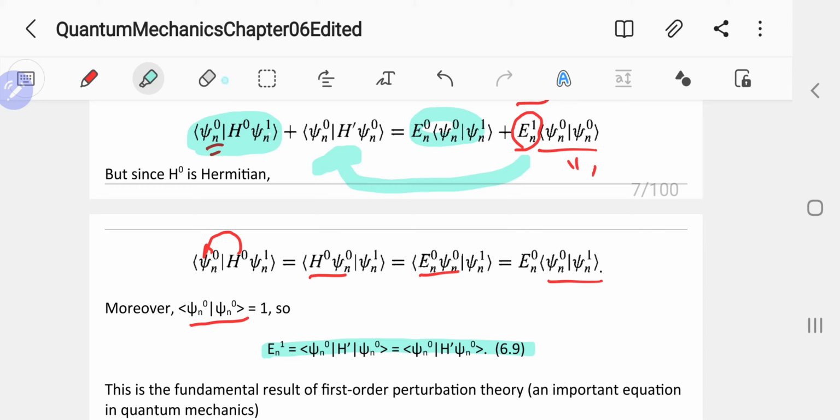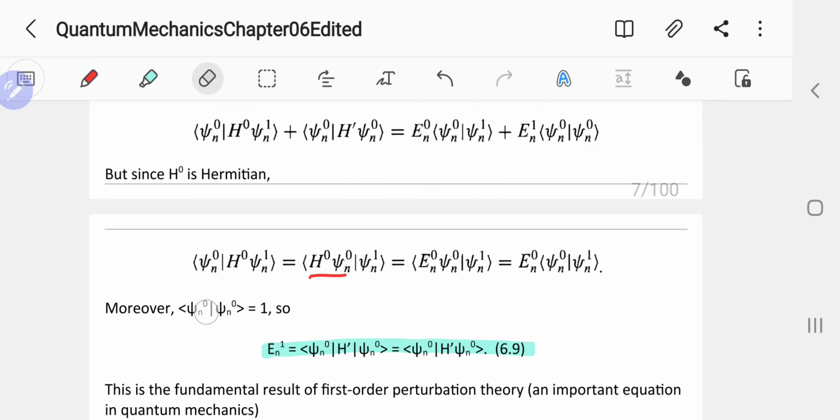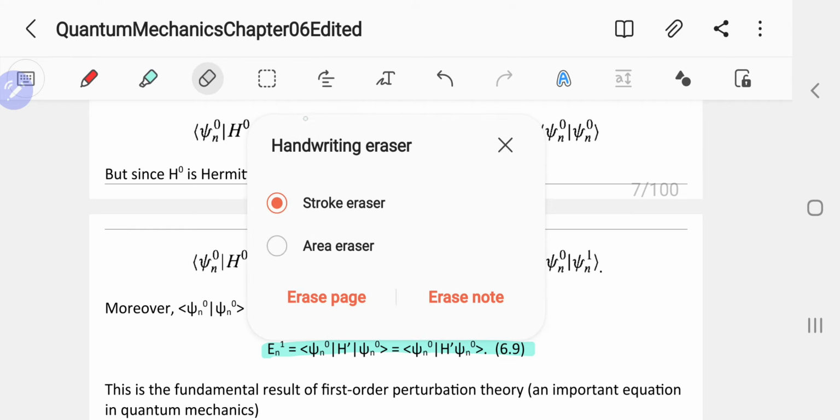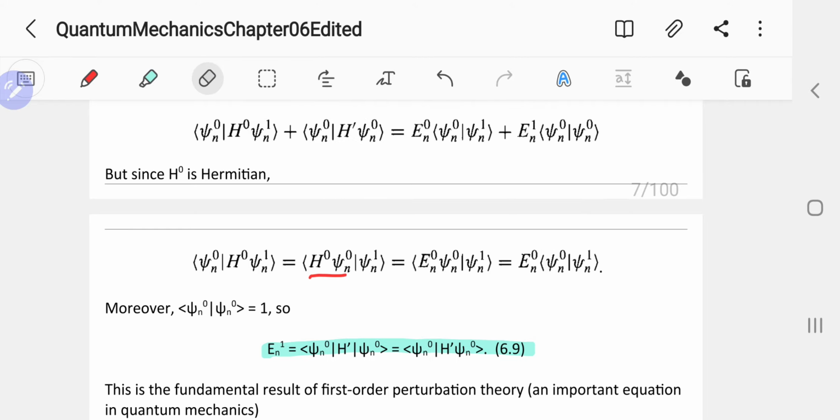So let me just erase this one and emphasize the result, which is this one here. This is a very important result. That's the first order perturbation theory. It's also a very important equation in quantum mechanics.